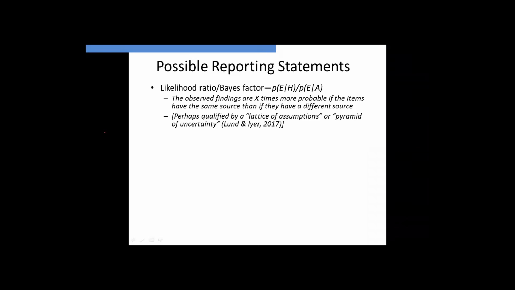I think this article was read by some as an attack on the whole notion of likelihood ratios. I read it more as advice to be careful about acknowledging uncertainty when one is talking about these conditional probabilities or likelihood ratios, rather than a challenge to the whole idea of reporting results in this format.